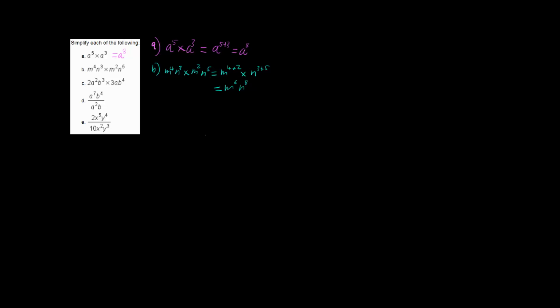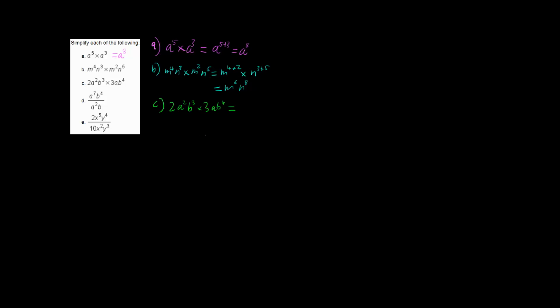Okay, now having a look at part C, we have 2a squared b cubed times 3ab to the 4. With this one, we also have numbers on their own, so we want to deal with the numbers as well.